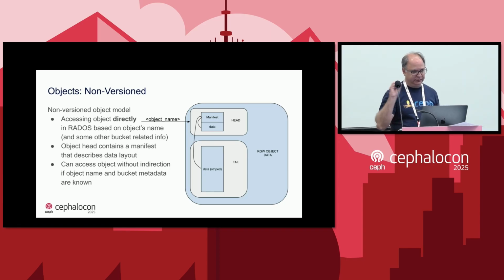So you can directly access that object. There's a head object that contains a manifest and might contain some data, and the manifest tells you where all the rest of the data is. But basically, all you need is that object name.